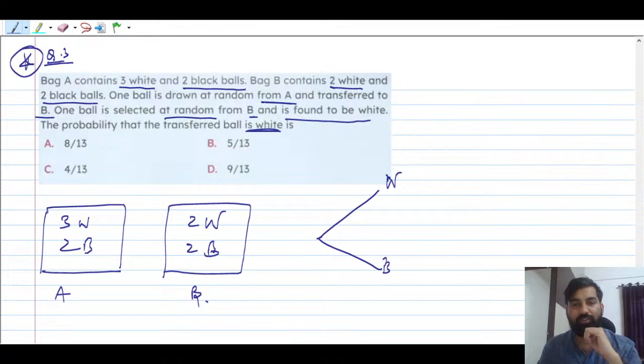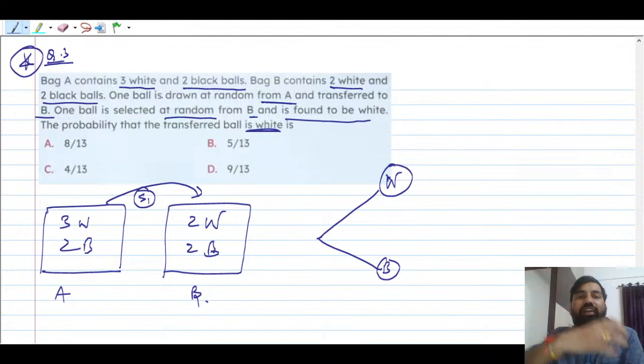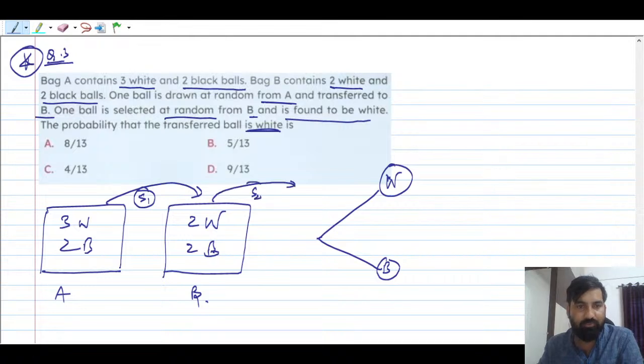These are the 2 bags. Step number 1: you are going to draw one ball from A and transfer to B, and then you have to select. That will be the second event.